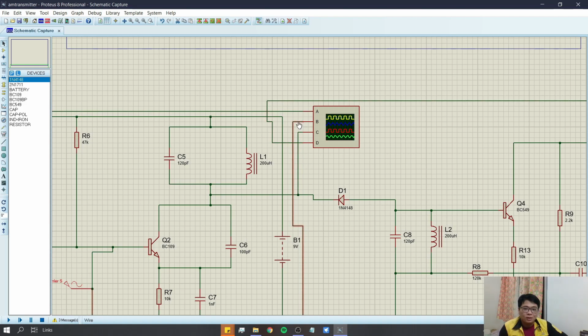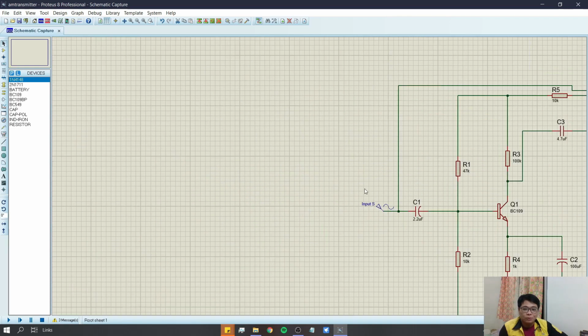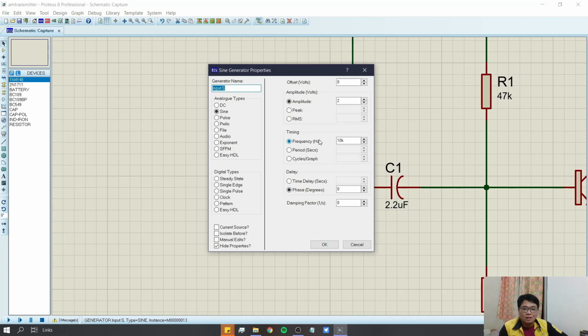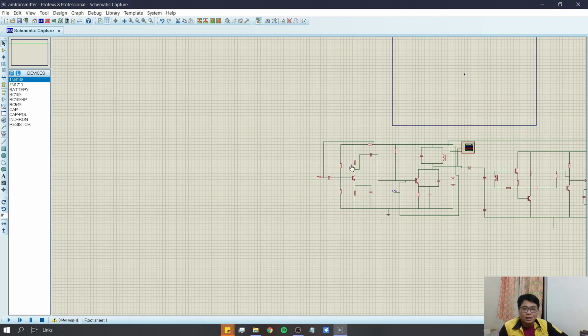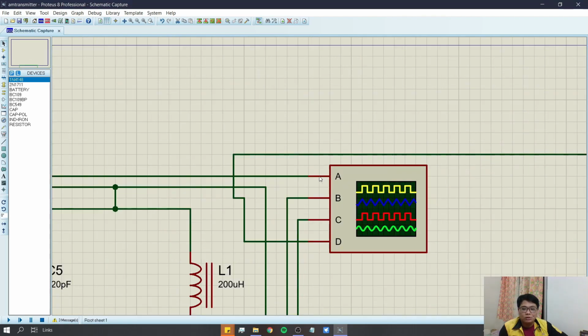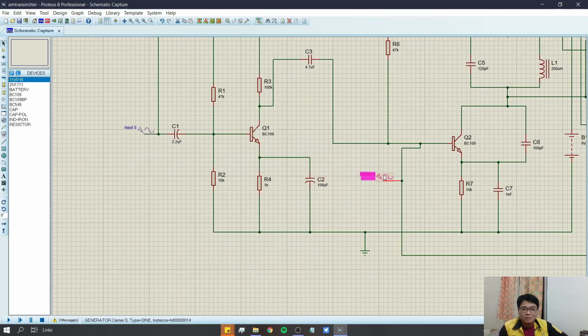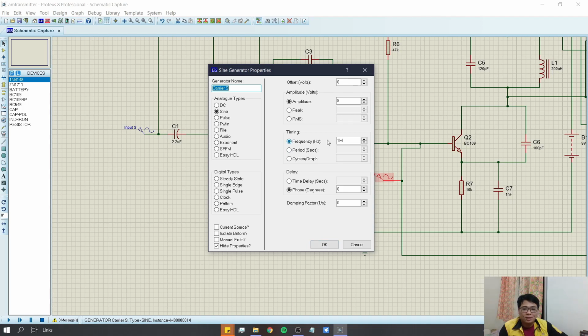The first input, the A terminal, we put as the input signal of our circuit, which is 10K. The second input, the B terminal, we put as the carrier signal, which is 1000 kHz, shown in voltage as 1 megahertz.